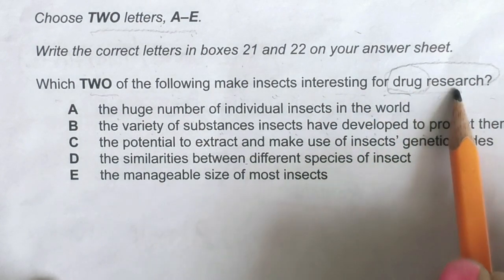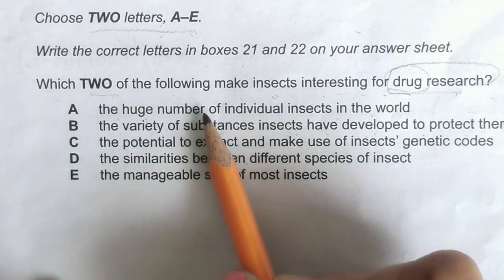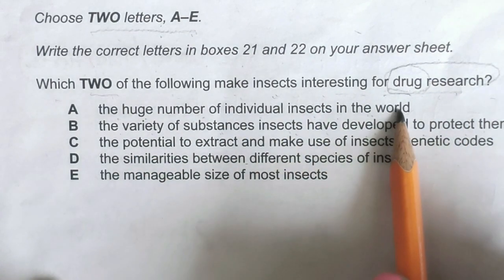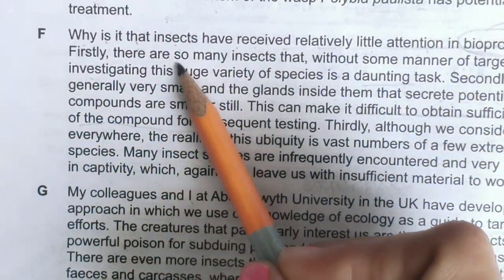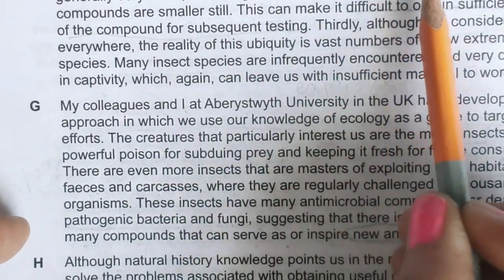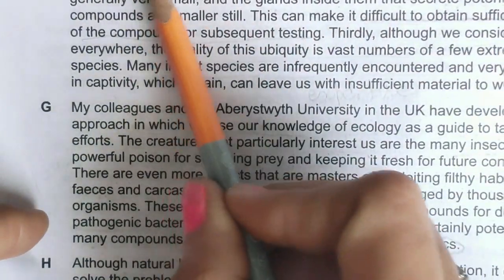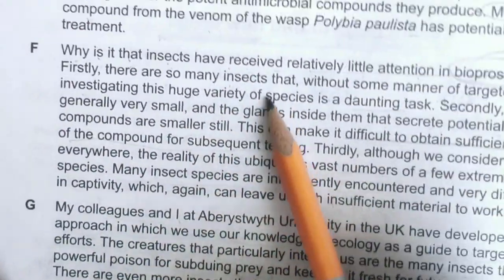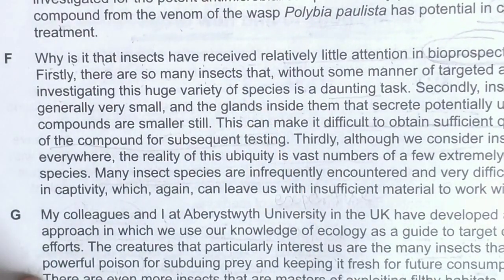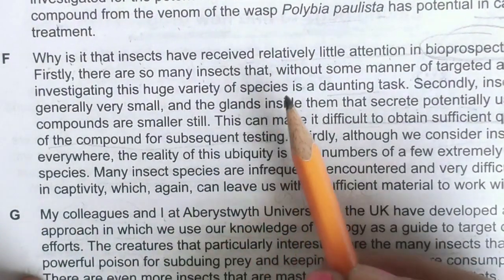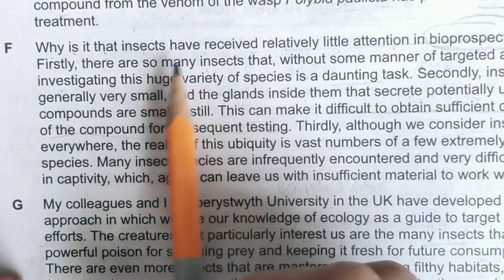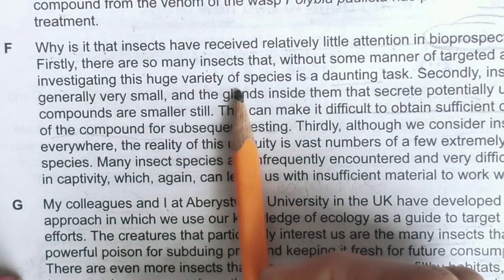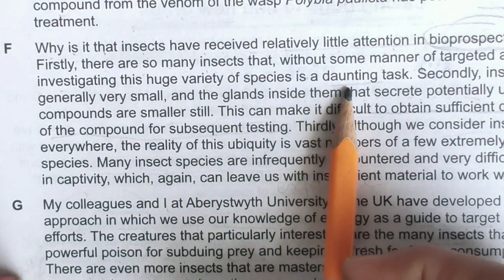Make insects interesting for drug research. The huge number of individual insects in the world was given in paragraph F. There are so many insects that investigating this huge variety of species is a daunting task.